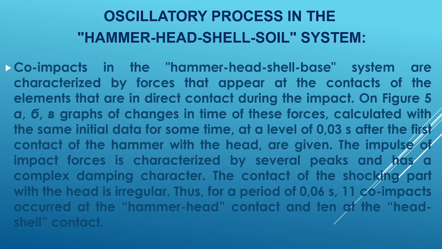The impulse of impact forces is characterized by several peaks and has a complex damping character. The contact of the striking part with the head is irregular. Thus, for a period of 0.6 seconds, 11 co-impacts occurred at the hammer-head contact and 10 at the head-shell contact.